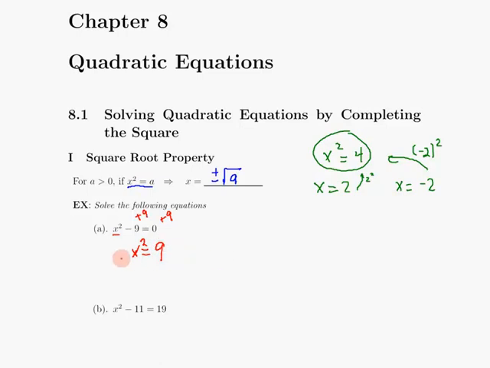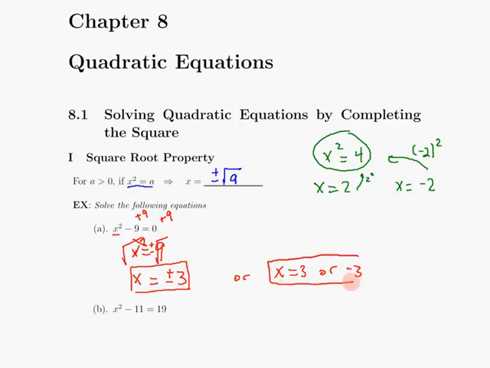Now, if I take the square root of both sides, remembering to put a plus or minus in there, the square root of x squared will cancel out, leaving me x, and I end up with x is equal to plus or minus the square root of 9, which is 3. So I have x is equal to plus or minus 3, or another way of thinking of that is x is equal to 3 or negative 3. It's two different solutions. All right, let's look at the next one.